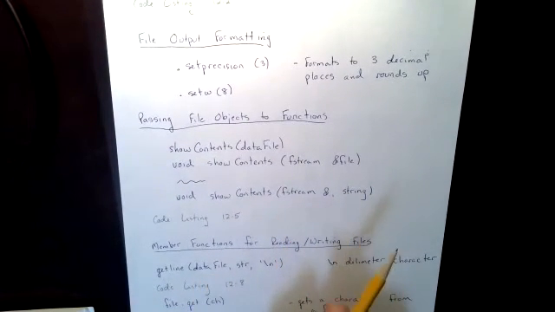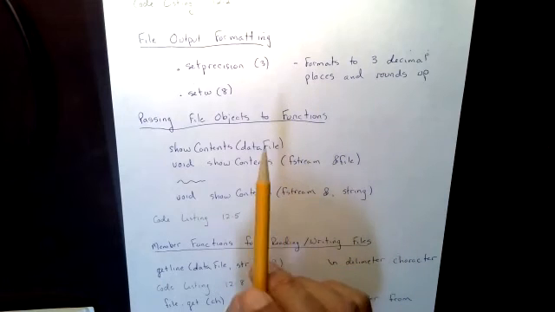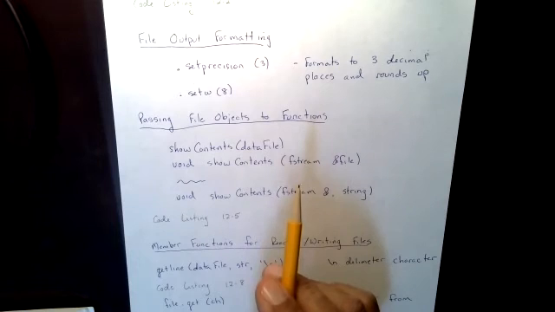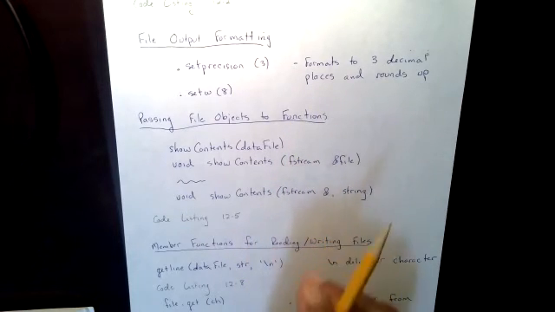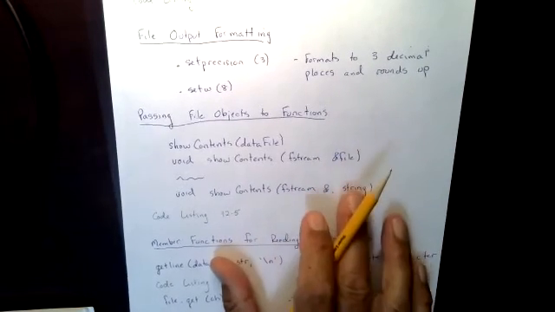As always, every time we learn about a new abstract data type, we talk about passing it into a function or returning it from a function. Returning a file would just be a matter of returning a file name.